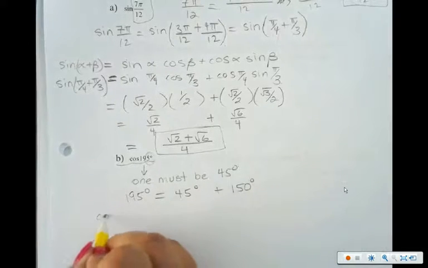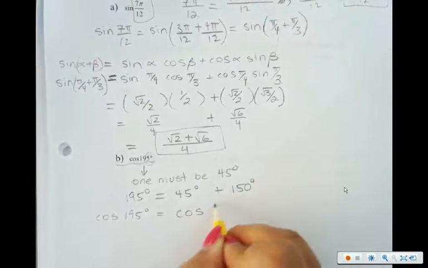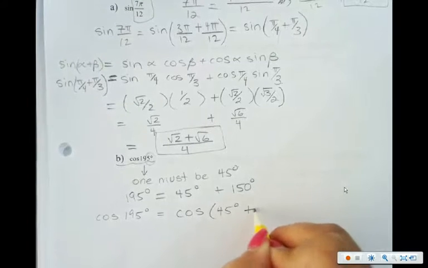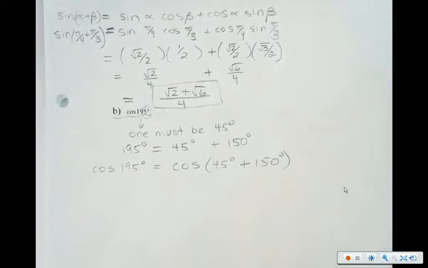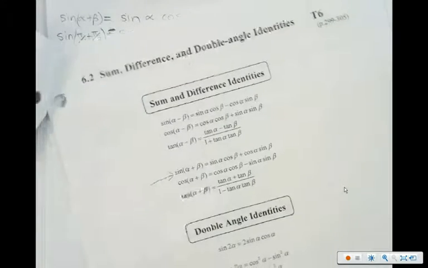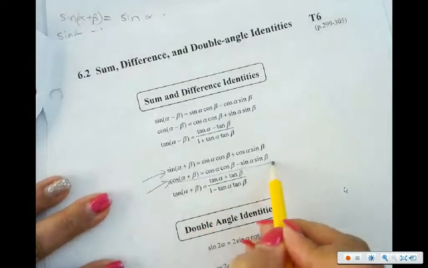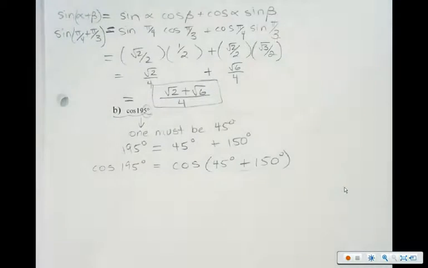Since I have cos 195, and I've broken it up into cos of 45 degrees plus 150 degrees, which identity am I going to use because I have that plus there? So I'm going to use this one right here. Okay, let's copy that one down so we know what we're working with.